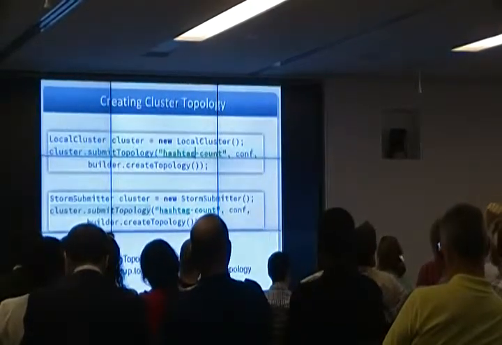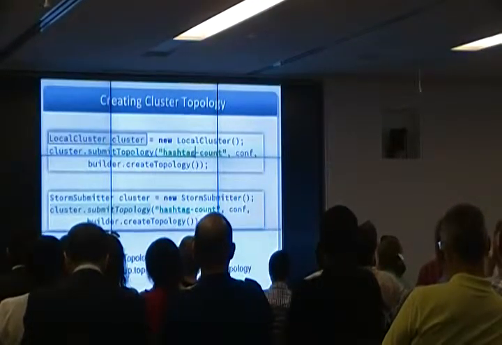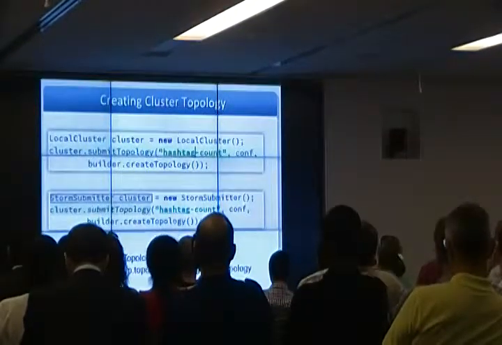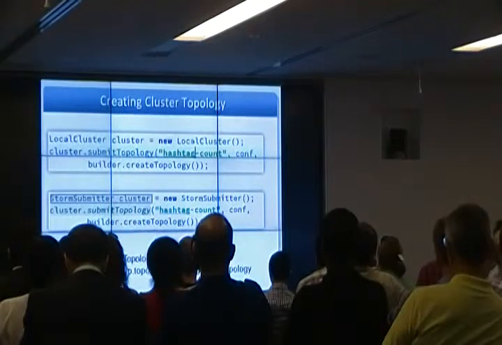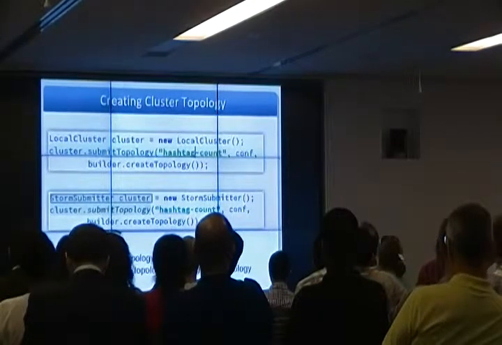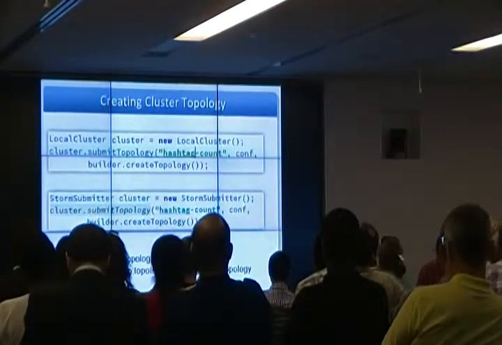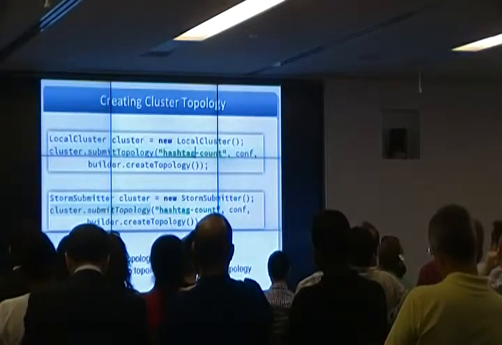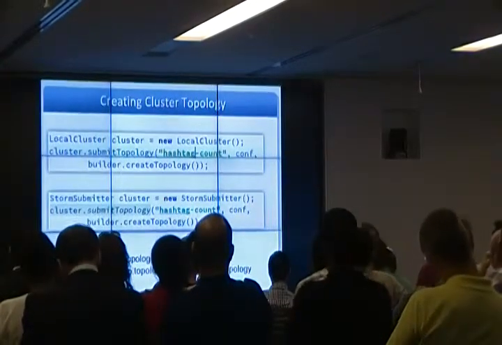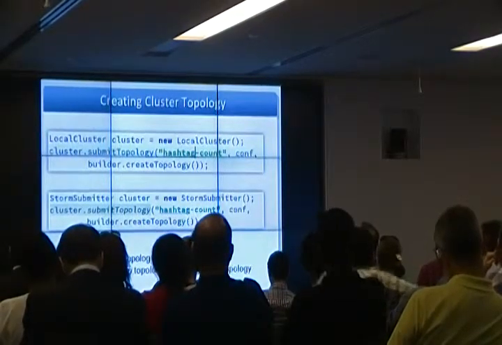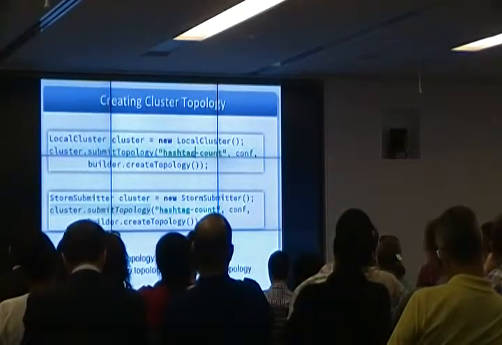Okay, and speaking about real mode, the only difference, this is local cluster, and if you want to submit your topology to a real cluster, all you have to do is use Storm submitter. Everything, all your code stays the same. And here is how you submit. You execute Storm jar, and for example, for our hashtag topology jar, what does this jar contain?